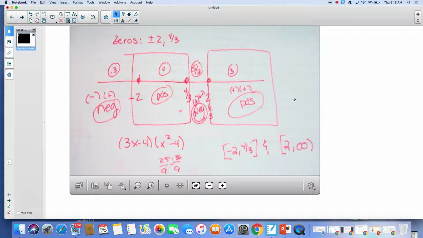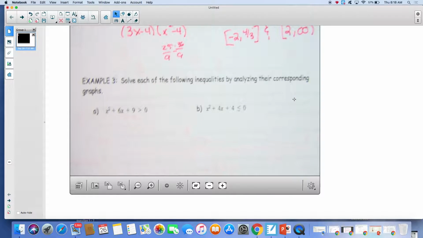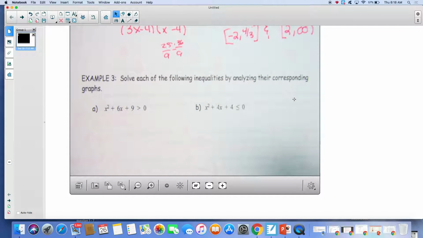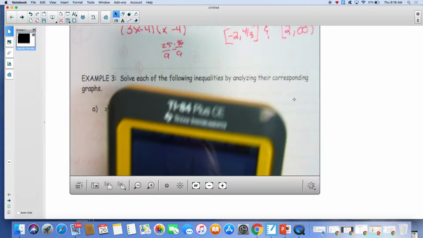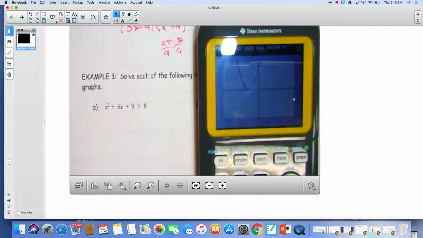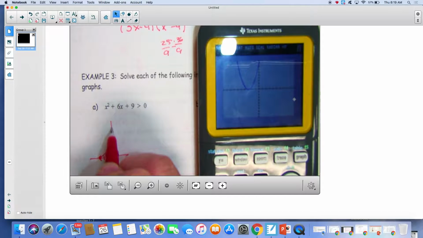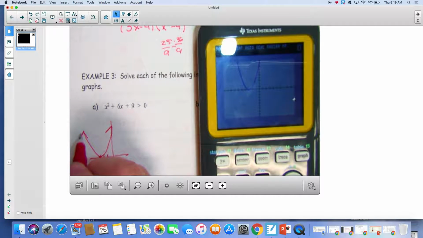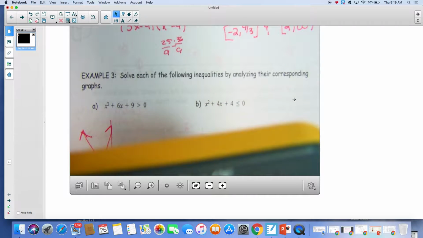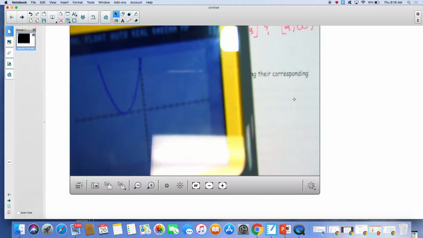All right, solve each of these by analyzing their graphs. Graphing calculator. So the first one is x squared plus 6x plus 9. From the graph, I can see that its vertex is at -3, and it goes up.